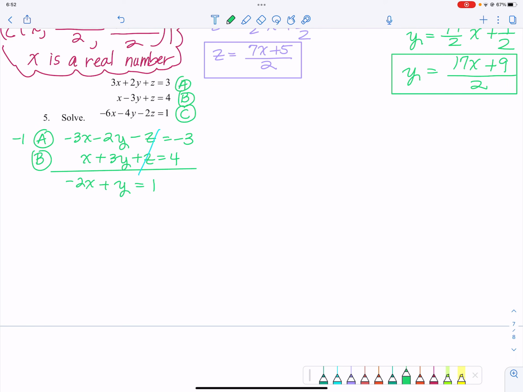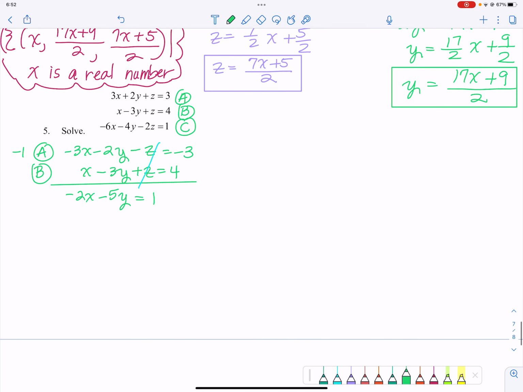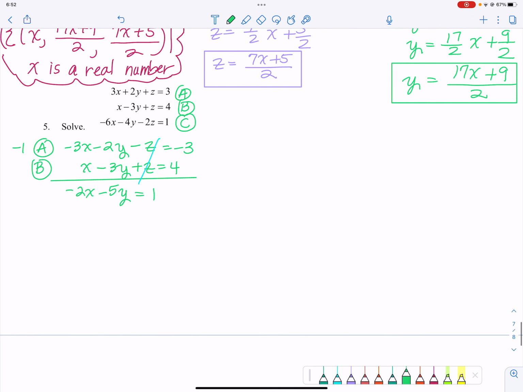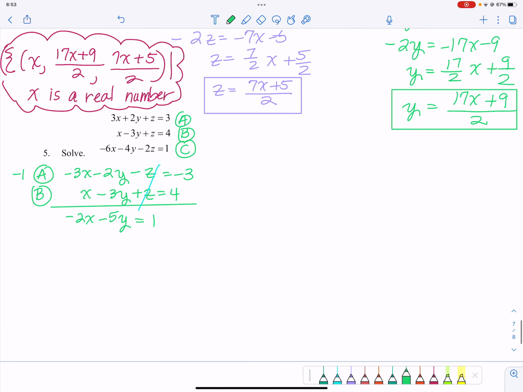Maybe that should be minus 5y. I think this was supposed to be a negative 3y. And we'll hold on to that because we need to do the same thing and eliminate z as well.